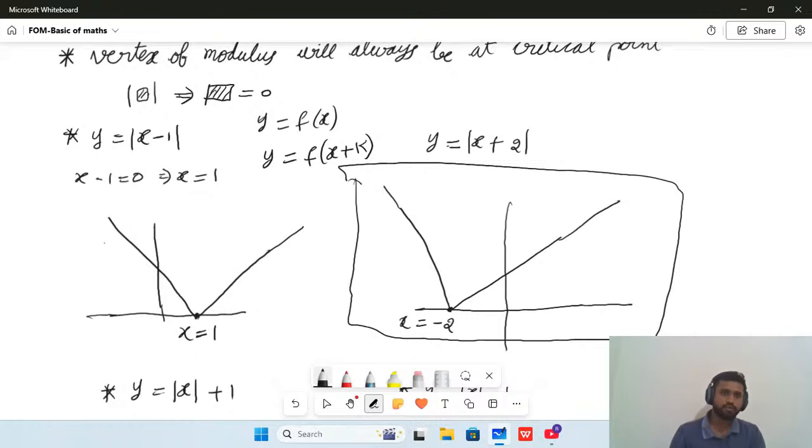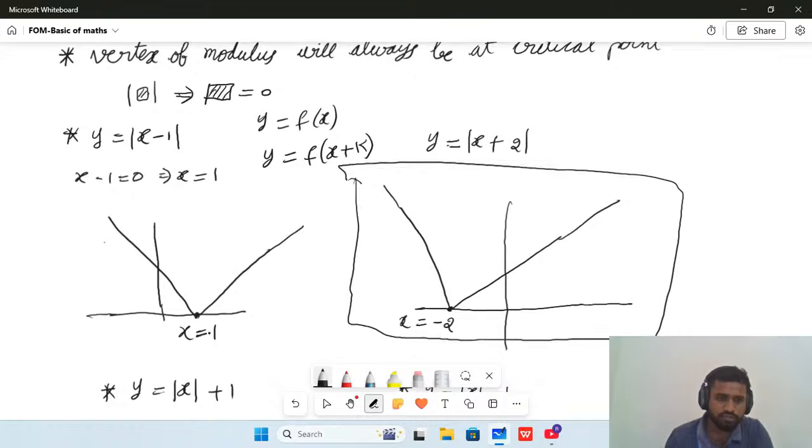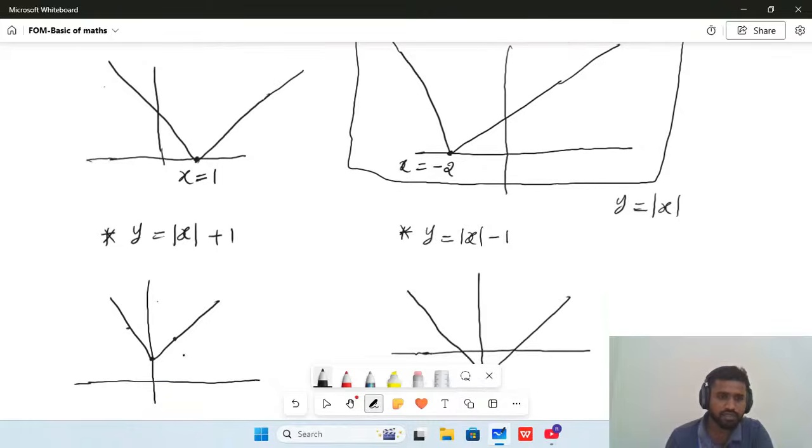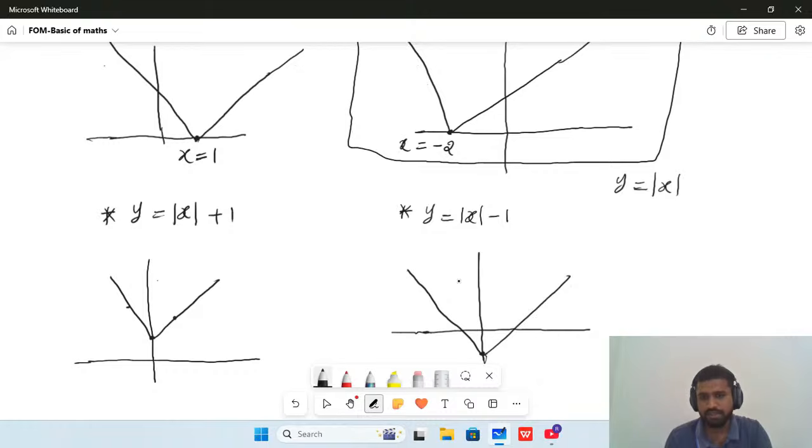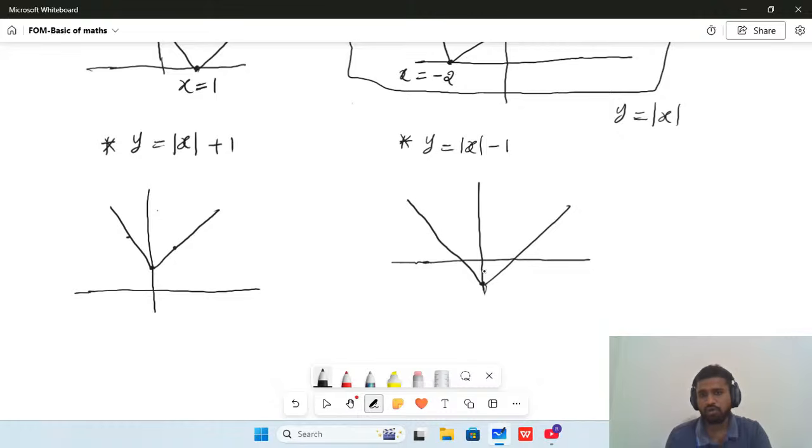And if we give minus 1 to the x value, the graph moves 1 unit to the right. Outside, if we add a positive value, the graph moves 1 unit upward. And outside the modulus, if we give a negative value, the graph shifts downward by 1 unit.